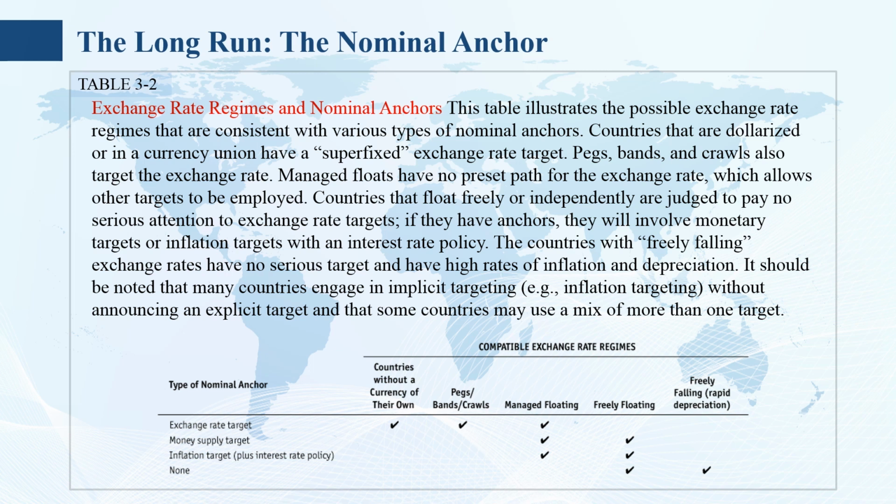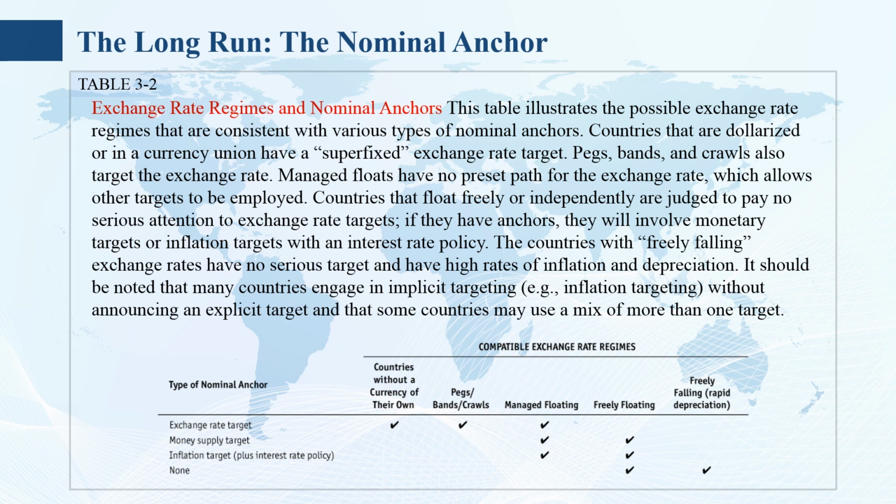Countries that float freely or independently are judged to pay no serious attention to exchange rate targets. If they have anchors, they will involve monetary targets or inflation targets with an interest rate policy.